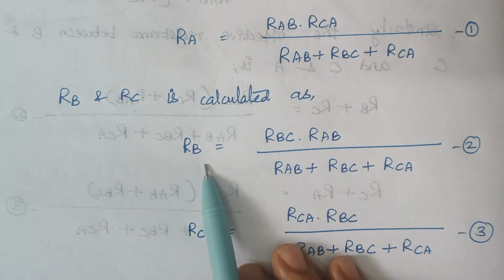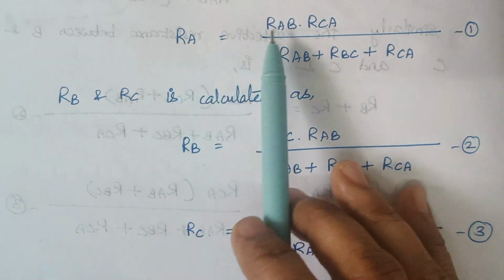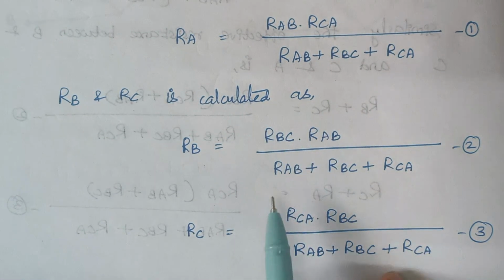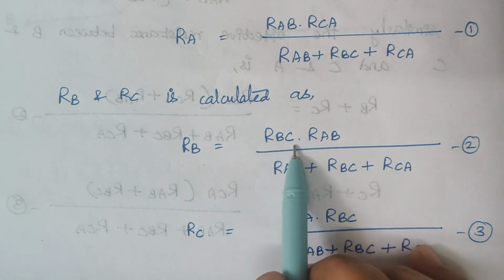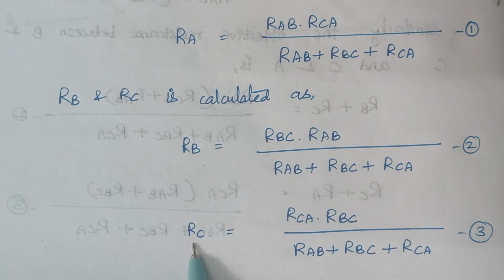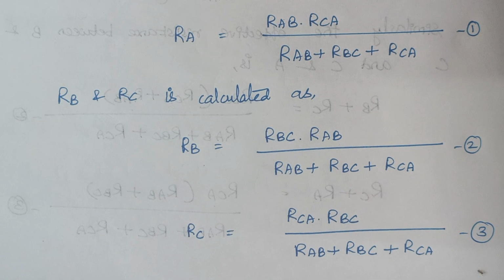For RA, it is RAB into RCA divided by these terms, and for RB, RBC into RAB divided by the same denominator, and for RC also RCA into RBC divided by this part. Now we have converted delta to star. Next we are going to see the other conversion.